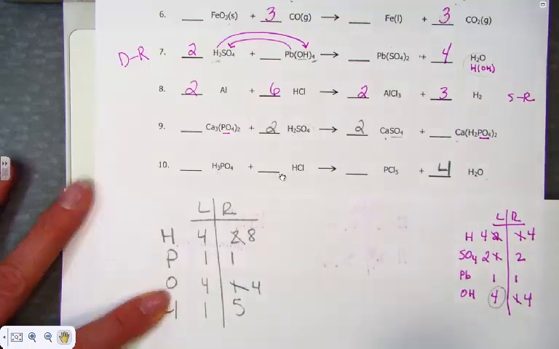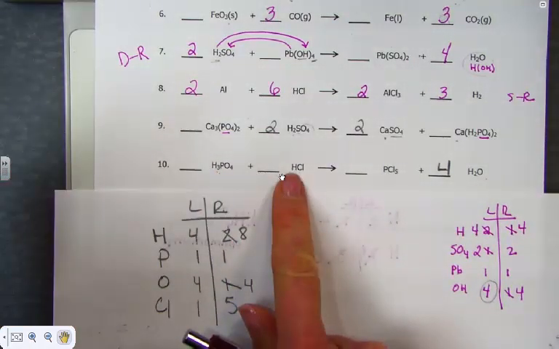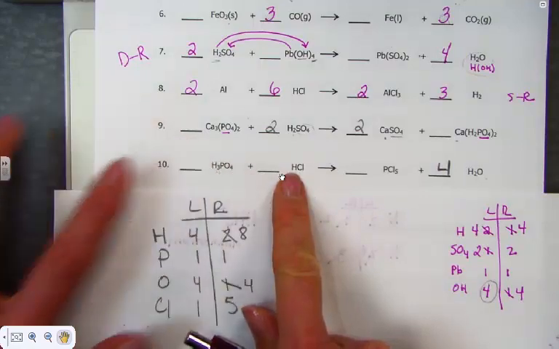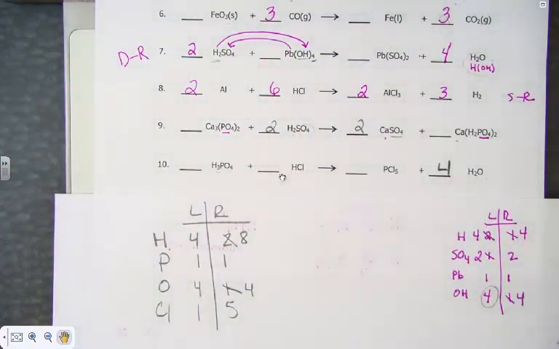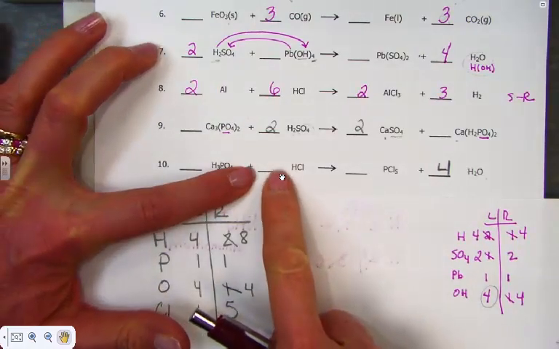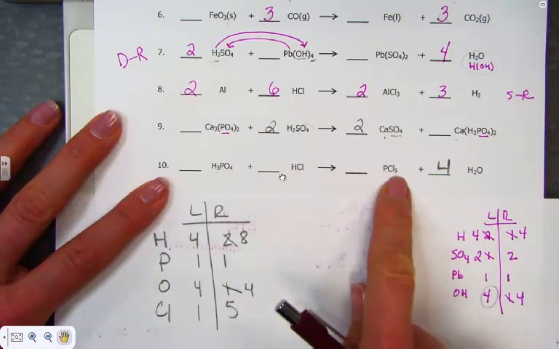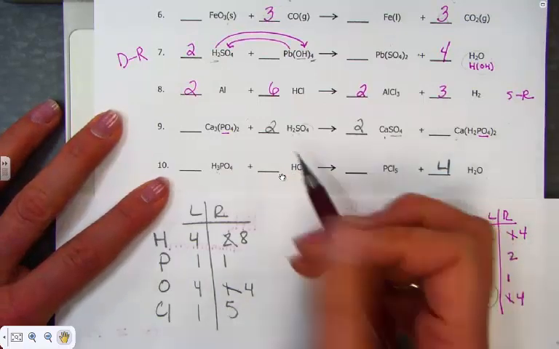Alrighty. Now I didn't want to start with H's because they were separate over on this side, and sometimes that's just not helpful if they're separated like that. Now I can kind of predict this guy, HCl, and I'm doing so because the chlorine is in a single spot. If I have 5 chlorines on the right, let's try it.